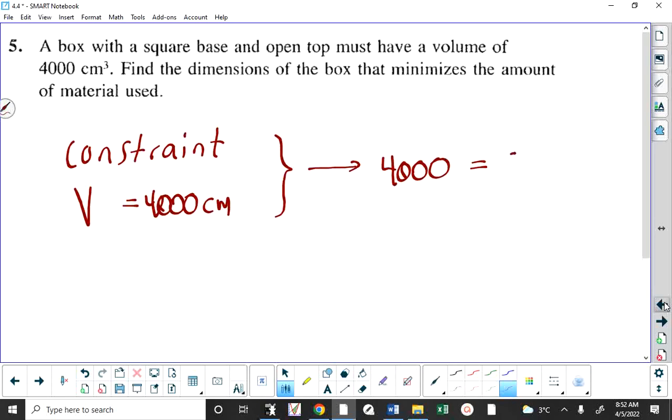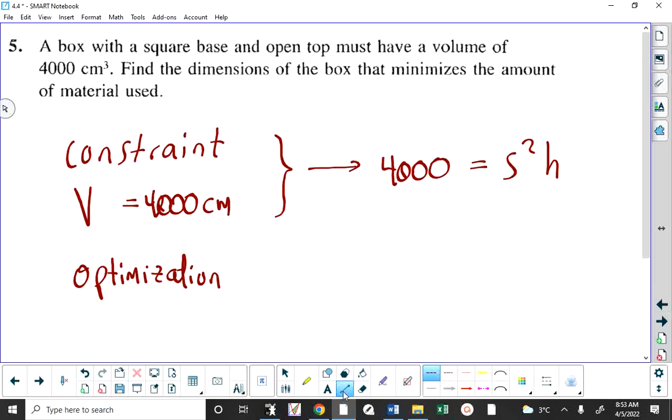So this 4,000 is S squared H, and this is the equation of constraint. Our optimization angle to this question. So I guess what I'm getting at by saying optimization angle is very often in max-min problems, you have two mathematical ideas or equations or relations or whatever you would like to call them.